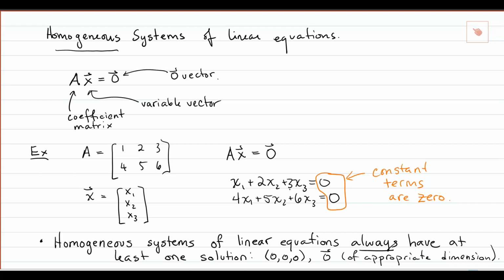And if we have a system where all the planes go through the origin, then the origin is a point that they all have in common. So it's a solution to the entire system of equations. So in other words, two planes are going to intersect in a line, if they intersect at all. But if these two planes intersect in a line, that line is going to contain the origin.